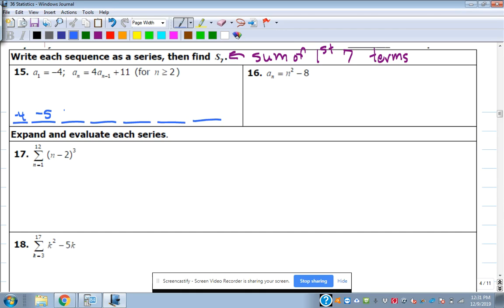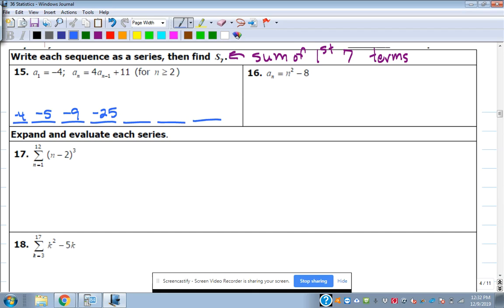-5. Plug the -5 into the formula. 4 times -5 is -20, plus 11. -9. Plug -9 into the formula. 4 times -9, -36, plus 11, -25.